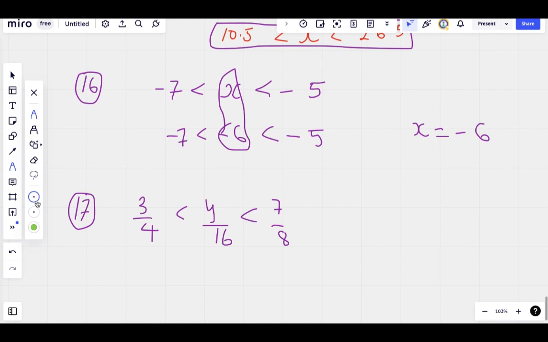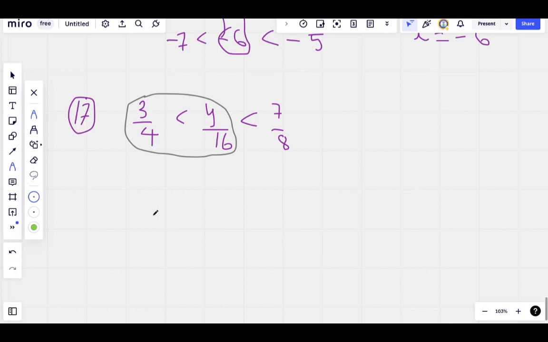So we can do this first: 3/4 is less than y over 16. So we can cross multiply.